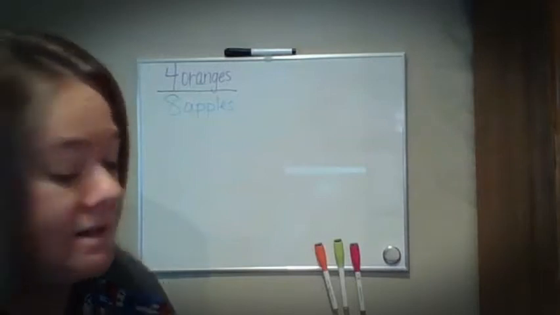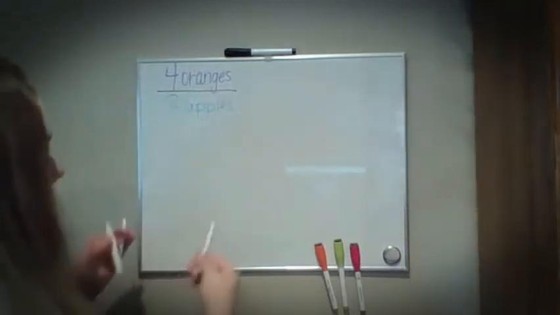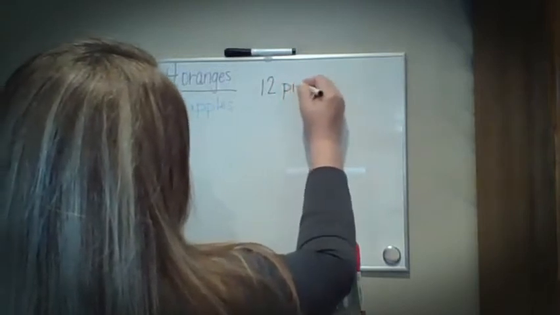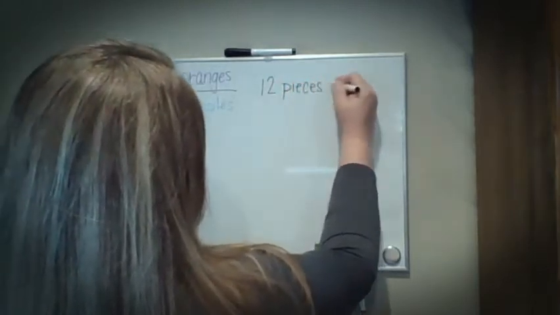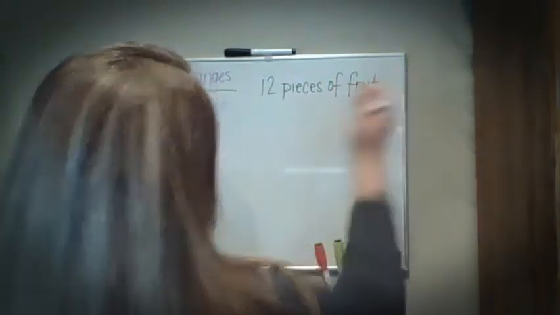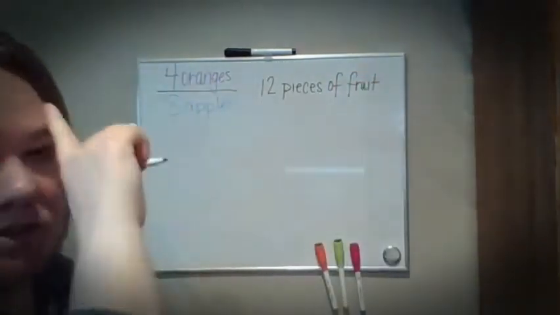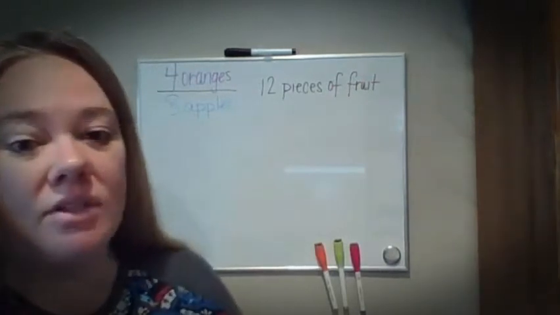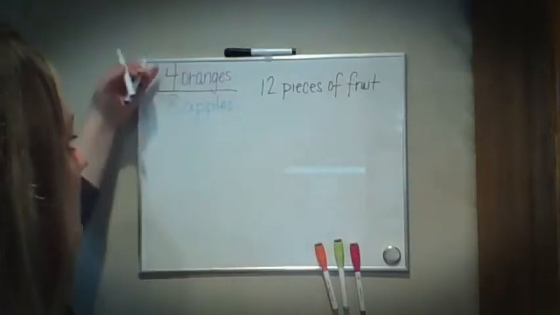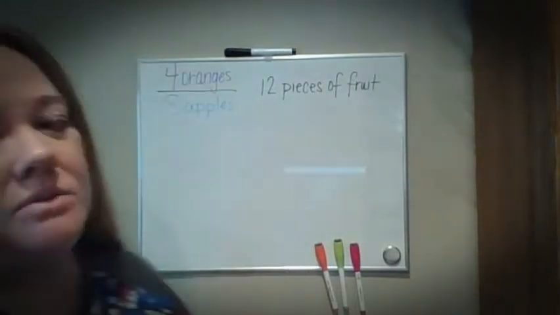Well, 4 plus 8 is 12. So I'm going to say over here, 12 pieces of fruit. That's important because the question says that I've got 36 apples and oranges. Well, in order to figure out this ratio, I've got to know this as well.